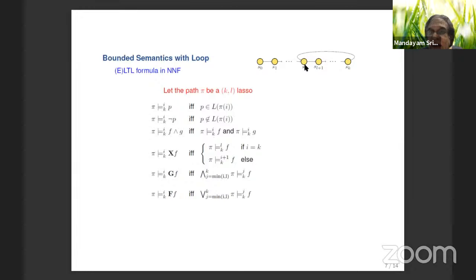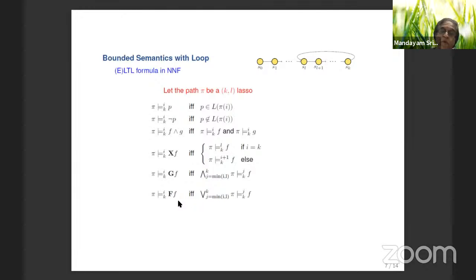If the index i is prior to sl, somewhere here, then you take the conjunction, satisfied starting from i plus 1 all the way to k. But if it is somewhere here, then because it repeats, the satisfaction can be expressed in terms of whether it is satisfied from sl to sk.